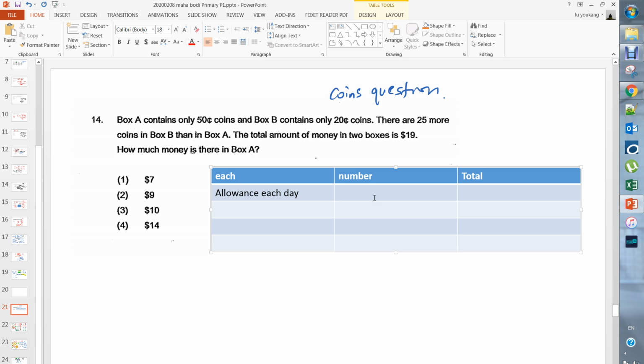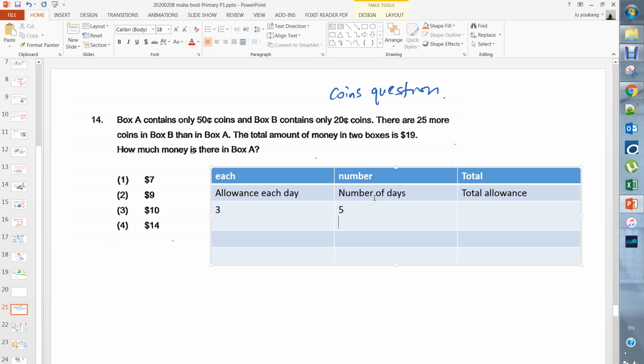Monday to Friday. So that is the number of days, and the total is the total allowance. Allowance per day is $3, 5 days. So what's the total allowance per week?